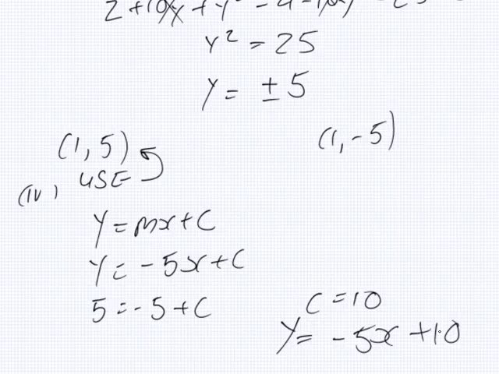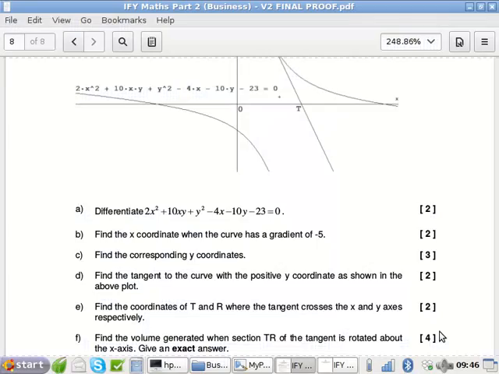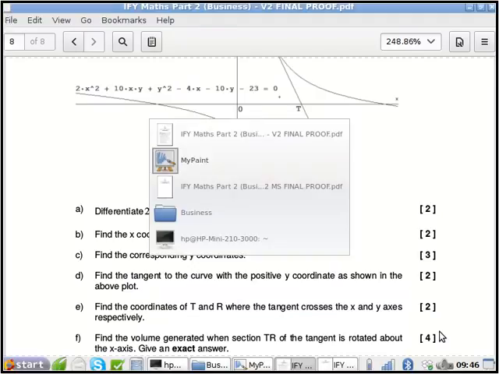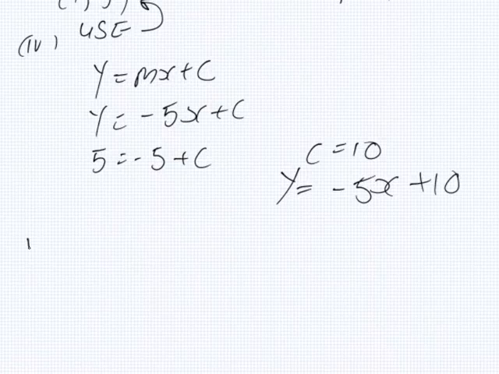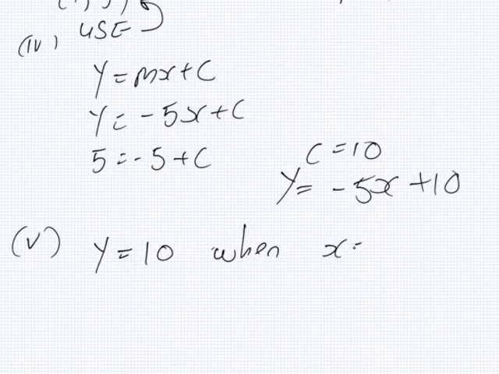Okay, next part. What's next now? Find the coordinates of T and R where the tangent crosses the x and y axis. Oh, well, that's super easy. So where does it cross the y axis? 10, when x is 0. And what do you get for x when y is 0?